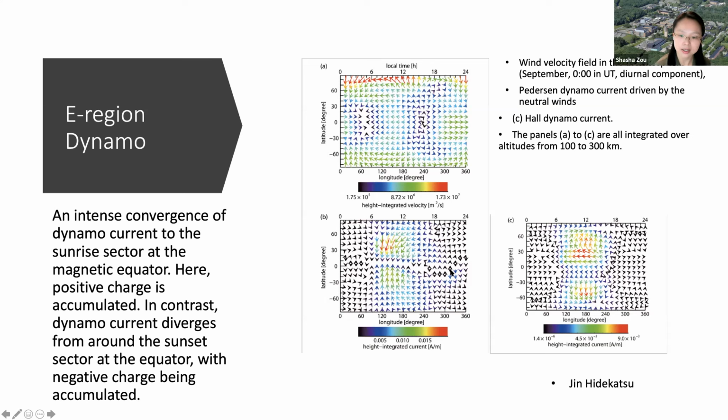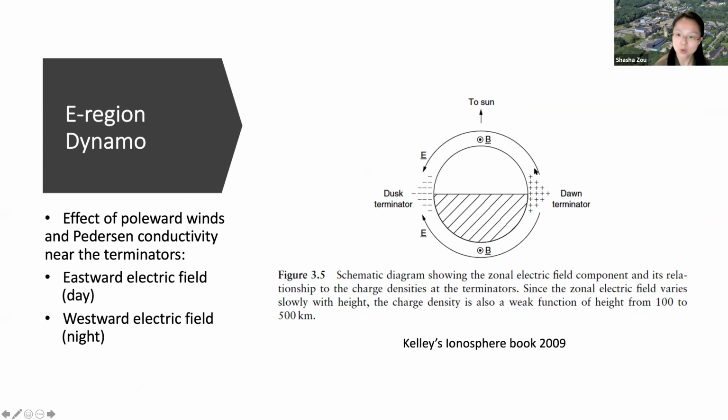And similarly, there should be a deficit of those ions on the other side. So another way of thinking about this is that we accumulate positive charge particles in the dawn sector, and negative charge particles in the dusk sector, right? Because the ions have been moved to the dawn sector due to those Pedersen currents.